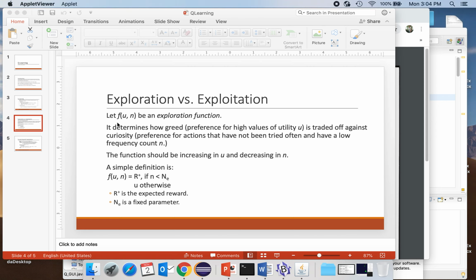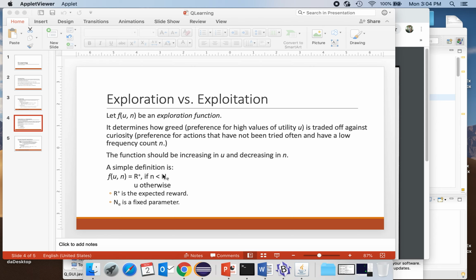So what we have over here is a function with 2 arguments, u and n, which is called an exploration function. And what it determines is when we might want to go with a known value, the utility, and when we might say, I haven't explored all my options sufficiently, so let me do some more exploring. So we have some sort of N_e, which is say 10 or something like this.